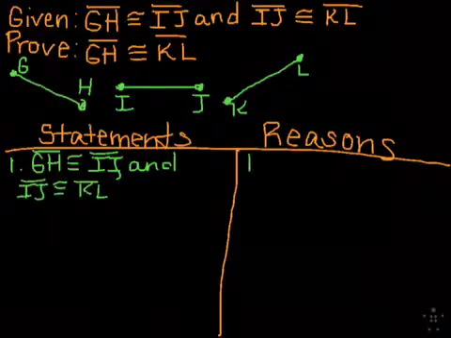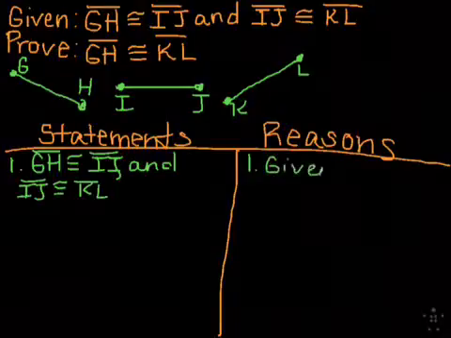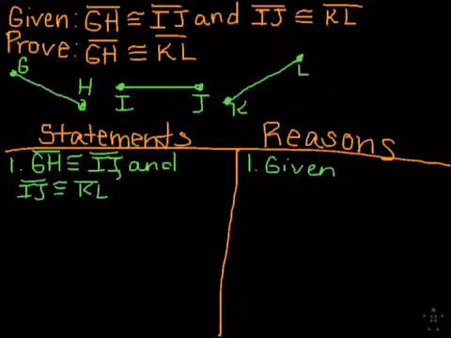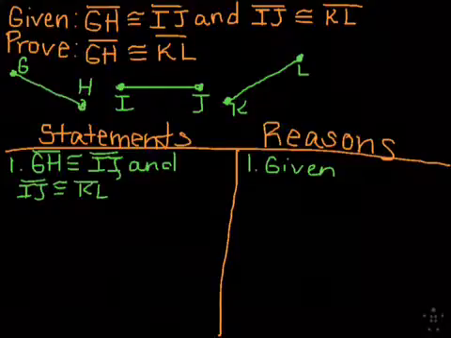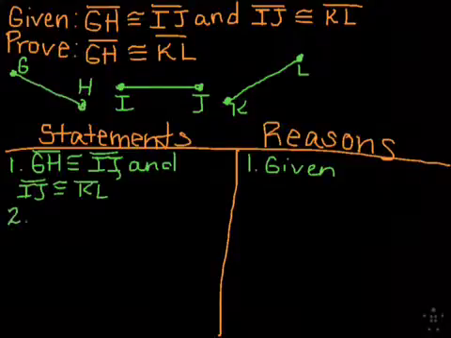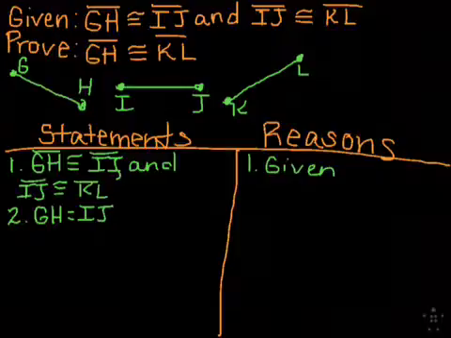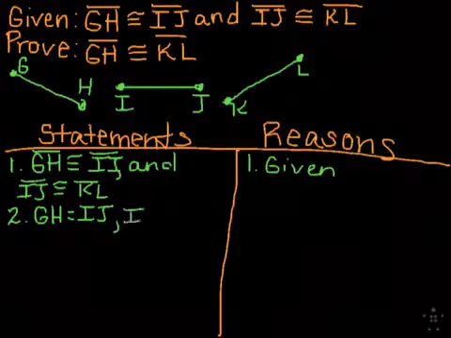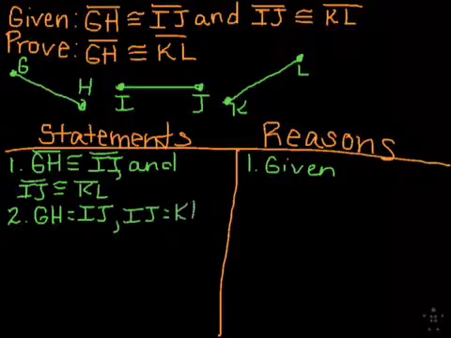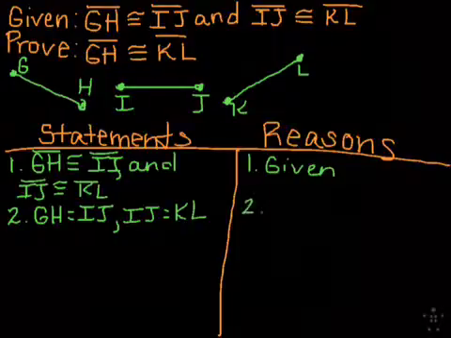That's given information. So the next thing I know, and I'm just going to say this explicitly, that means GH equals IJ. Their measurements are equal, and I know that IJ equals KL. All right, that's the definition of congruent segments.